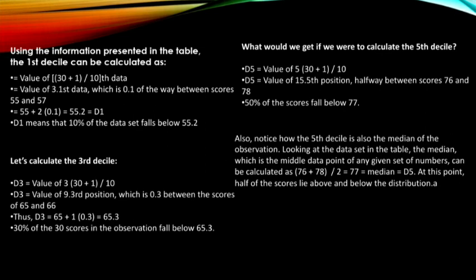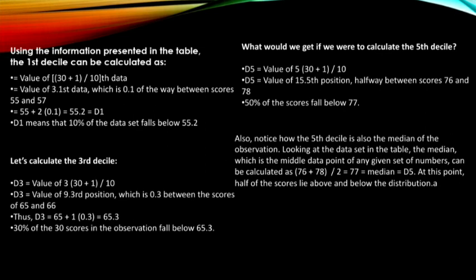You will get the value of the 3.1st data, which is 0.1 of the way between scores 55 and 57, which is equal to 55 plus 2 times 0.1, equal to 55.2, which is your first decile. D1 means that 10% of the data set falls below 55.2.